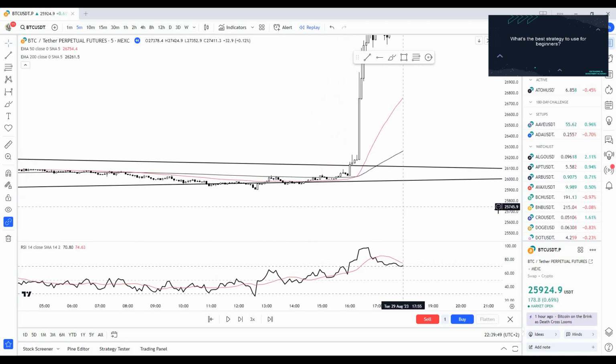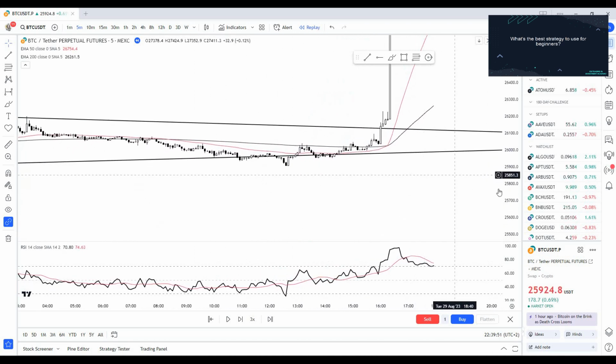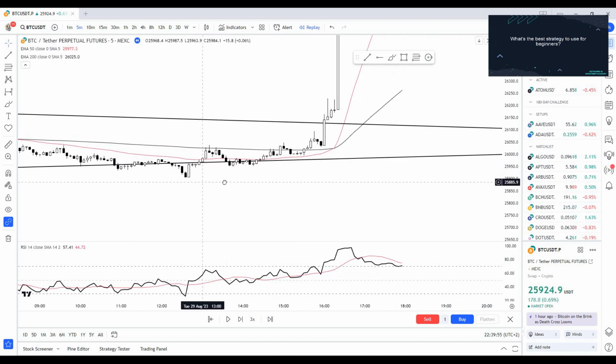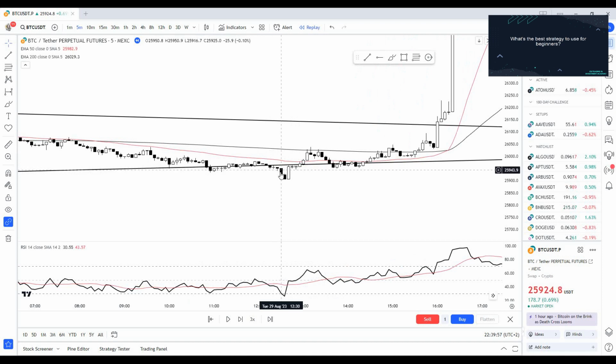There is an example here, but it's the 5-minute chart. As you can see here, what you want to see is a breakdown and a closed confirmation below the trend line, and then a retest. If I took this trade, it would have ended up in a loss, and I would have closed once it closed back above the trend line.